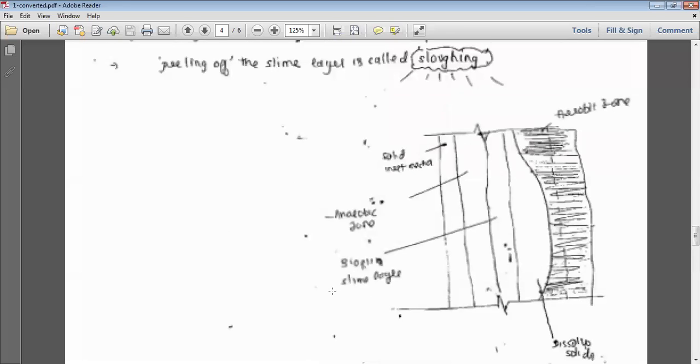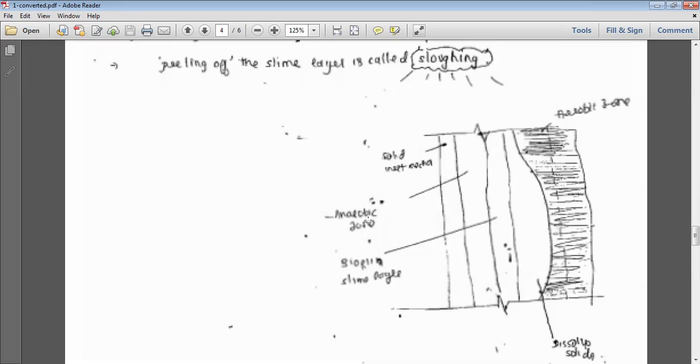Okay, so this is the typical diagram I have drawn. What I told you should be visible very nicely. On one side you're seeing this is the aerobic zone.